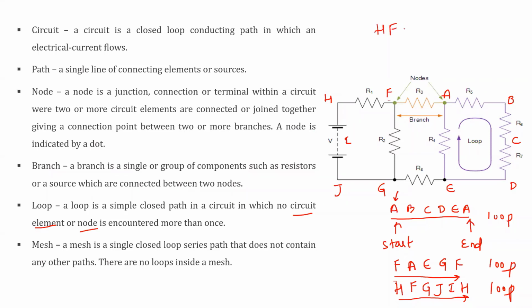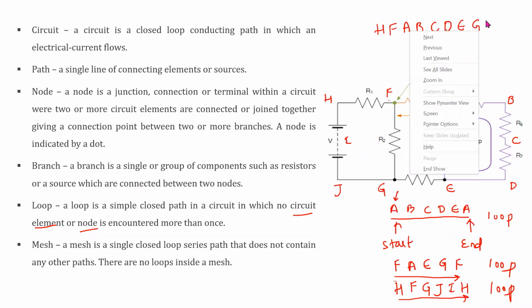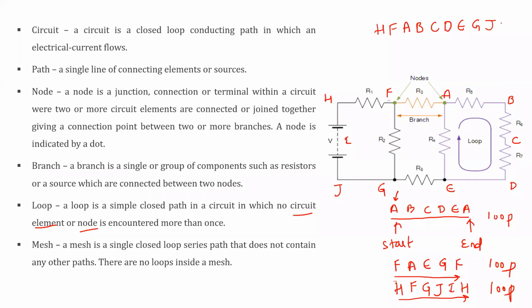Now I will write here H, F, A, B, C, D, E, G, J, I, H as a loop. Is this the definition of loop?